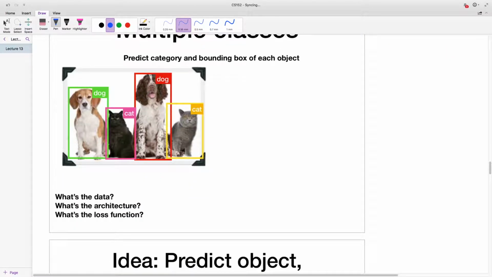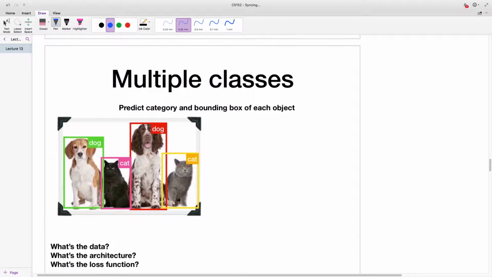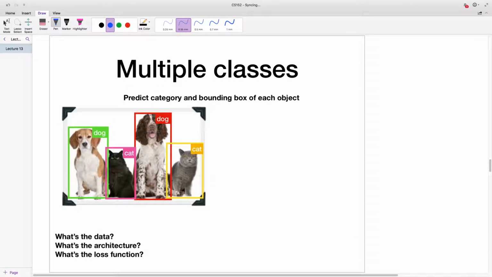All right. Here we go, multiple classes with bounding boxes. Here's the issue. What we have here is ground truth. All right?